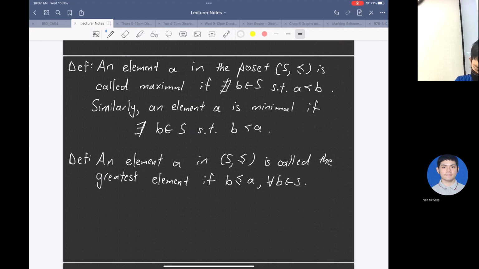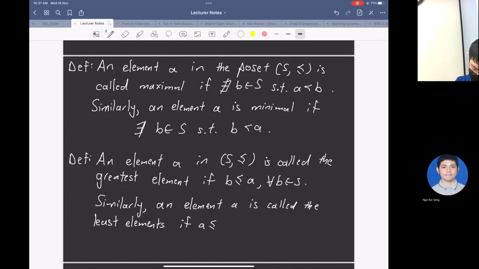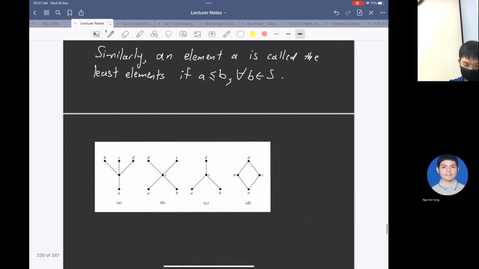Similarly, you can define the least one, where you just change the arrow. An element A is called the least element if A is less than or equal to B for all B in X.